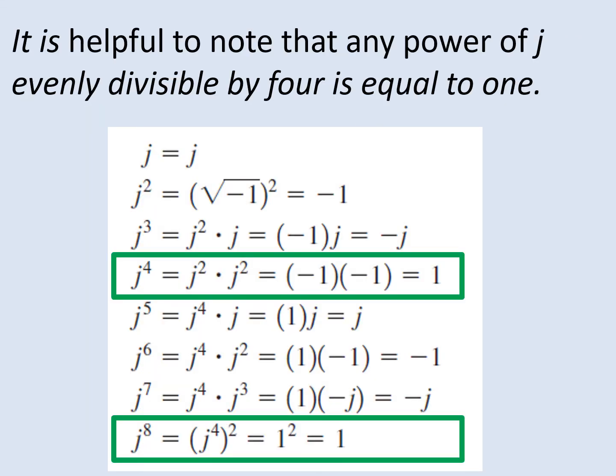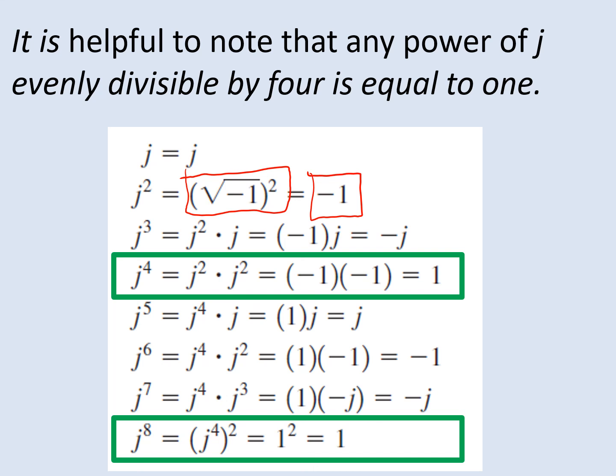We talked a couple of times about how j squared equals the square root of negative 1 squared, which is just negative 1. These are the other possibilities, and it can go beyond j to the 4th power, but it's just a repeating cycle.